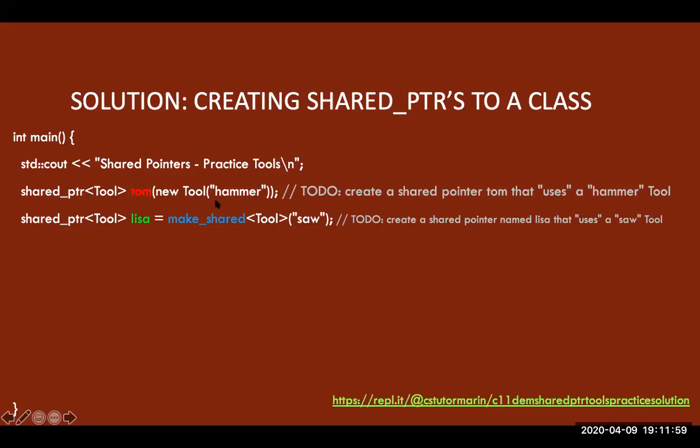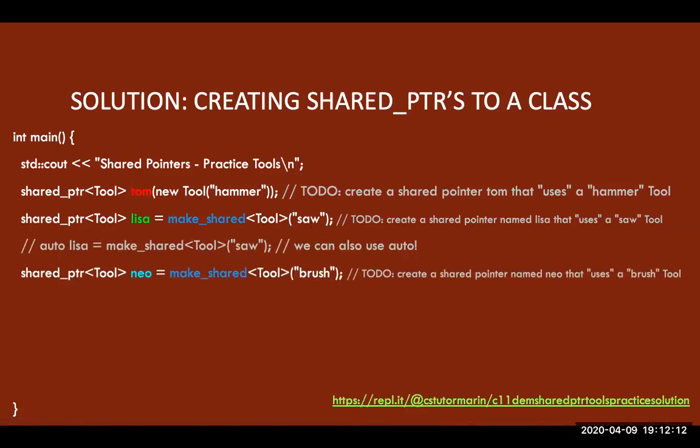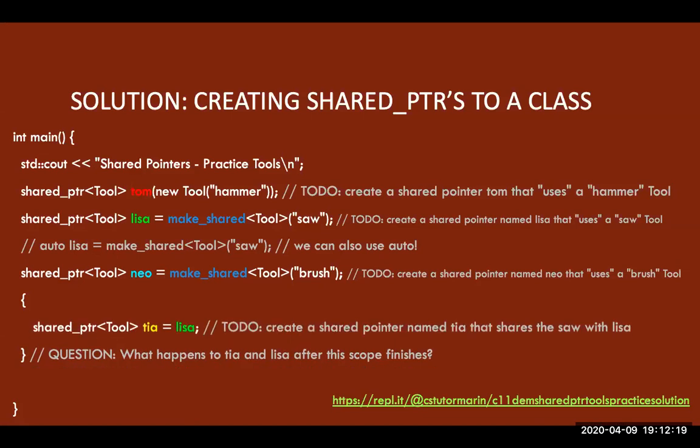So that's what make shared does. It kind of removes the need to actually restate it's a new tool. It's like, we know it's going to be a tool. We know we're going to be calling new. Let's just give it the constructor arguments for the tool. So that's what's going on there, right? And we could have used auto for that, right? And then we'll create Neo. That's just another exercise. But inside of this local scope, if we create Tia and we borrow or point Tia at the same thing that Lisa is pointing to, we'll increase the usage count only for as long as Tia is in scope.